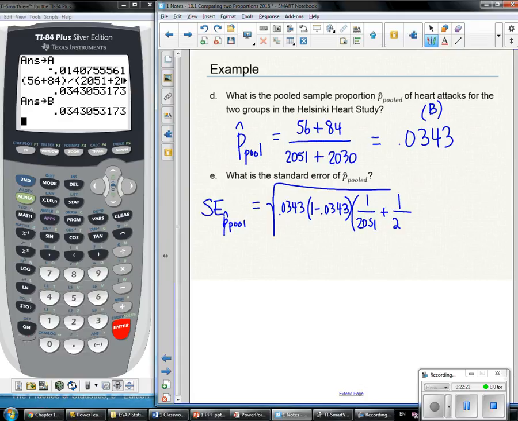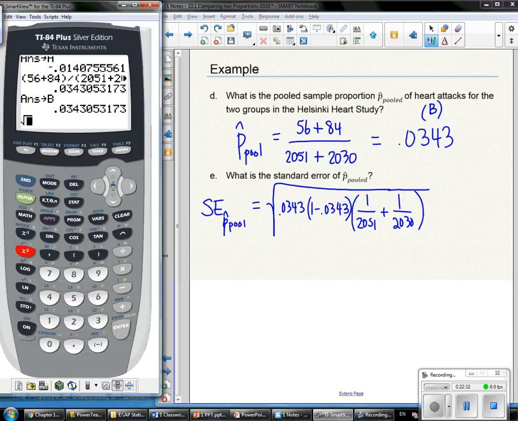And again, I don't think I've ever had to do this outside of showing students an example. So when I actually go to compute this, it's going to be the square root.